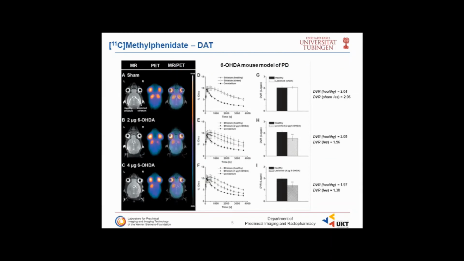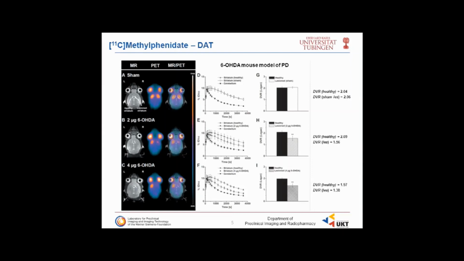Another example is shown over here. This is a study from our group where we wanted to investigate the dopaminergic system. So we used the C11 methylphenidate, the dopamine transporter tracer. And this is a mouse model for Parkinson disease. So we injected 6-hydroxydopamine in the striatum to destroy the dopaminergic system.